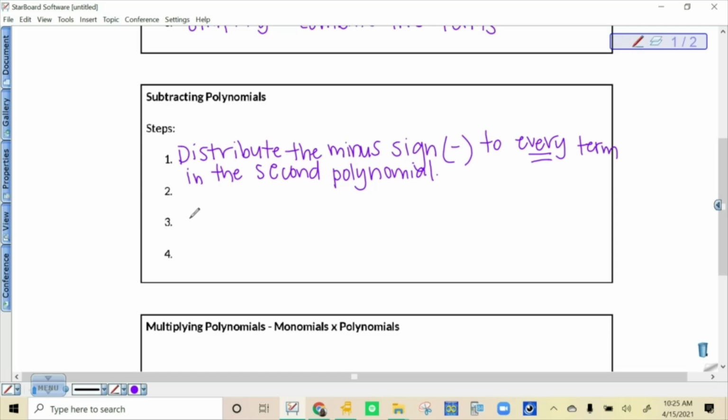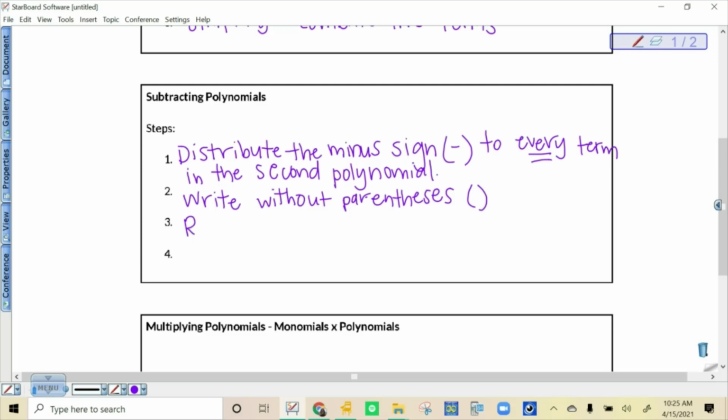Now what's my next step? Yeah, write it without parentheses. And now my next step?